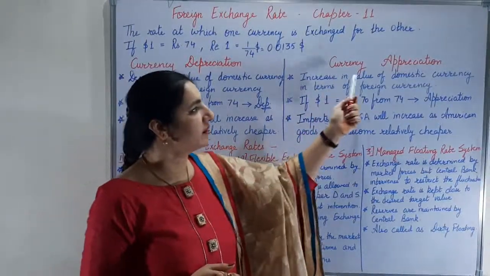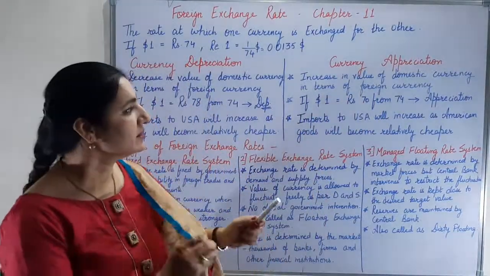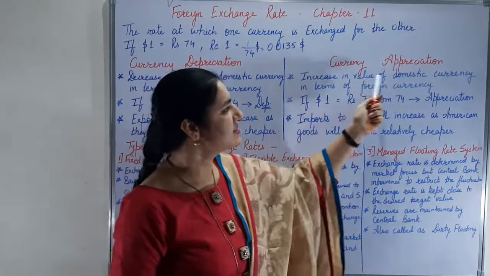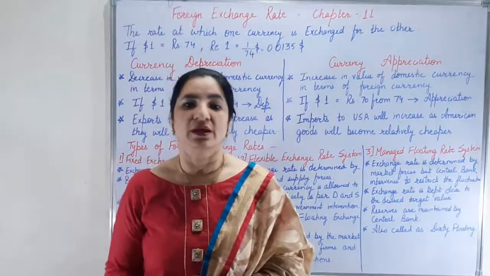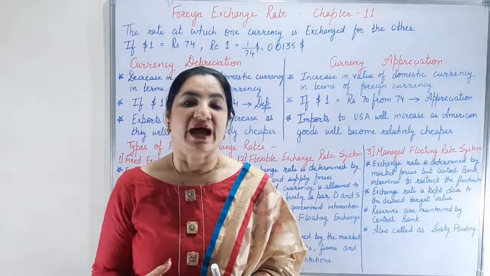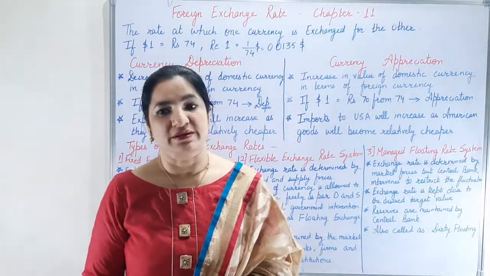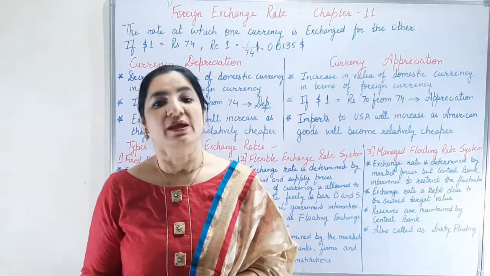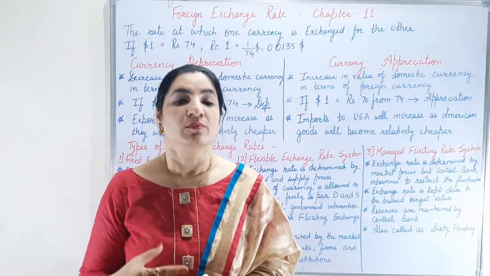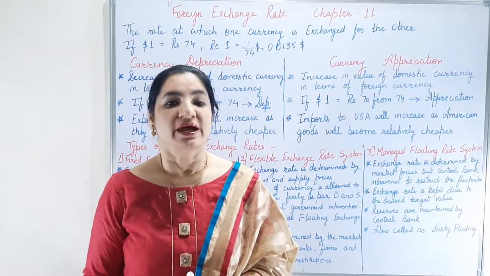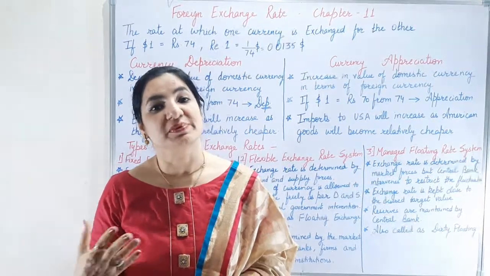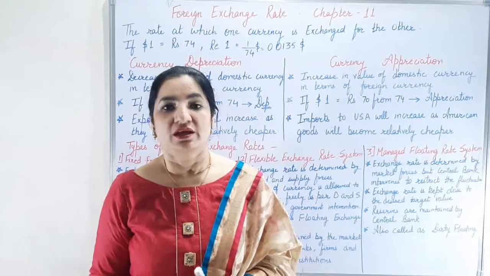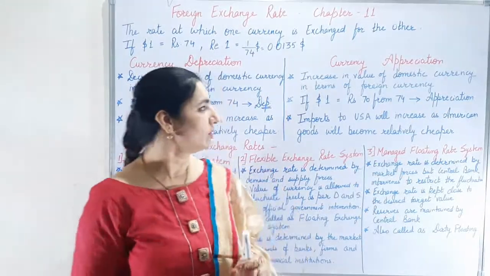The other thing is currency appreciation. Currency appreciation means increase in value of domestic currency in terms of foreign currency. It means a rise in price of domestic currency. Now 1 rupee can be exchanged for more dollars, that is, with the same amount of money, more goods can be purchased from USA if we are talking in context of dollars.